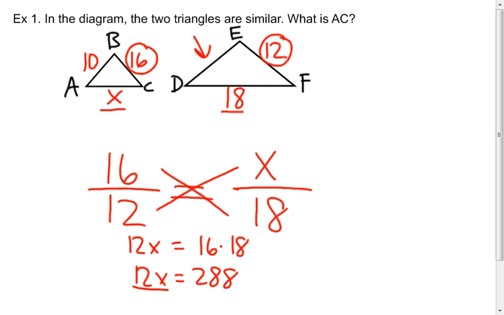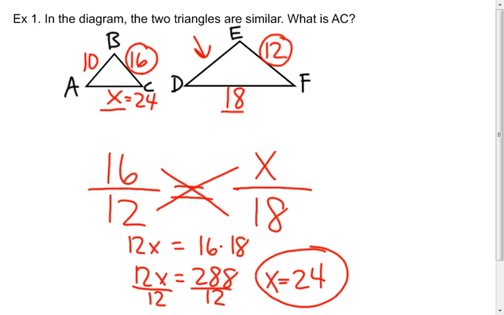My variable is being multiplied by 12, so I need to divide both sides by 12. And I get x equals 24. So the side that I was missing was AC, and we put an x there. That side is 24. That would be my answer.